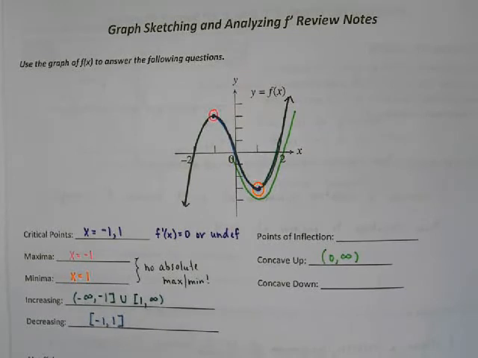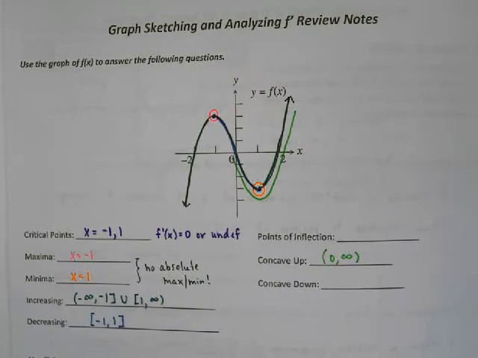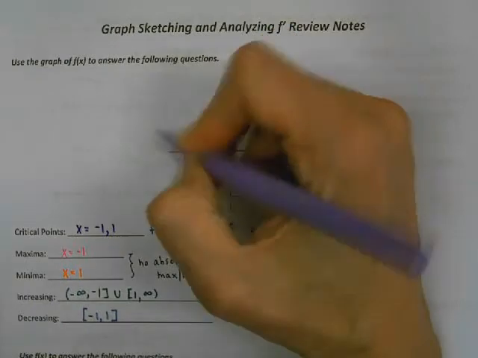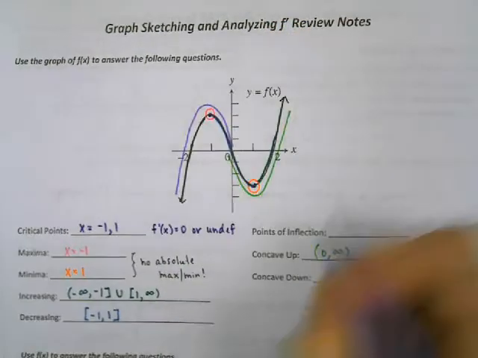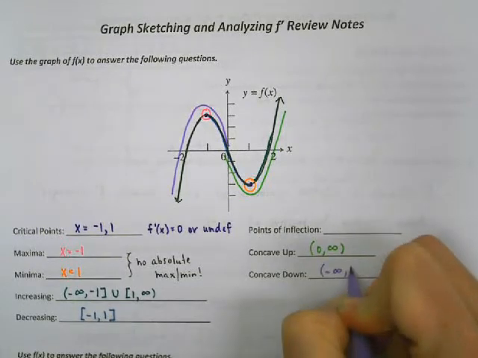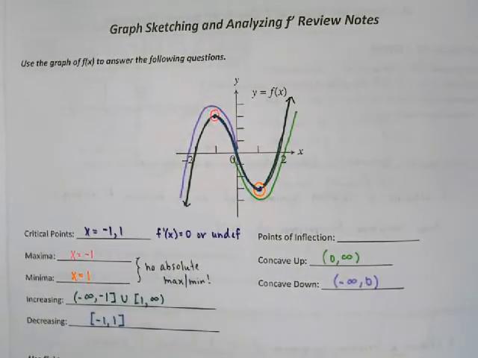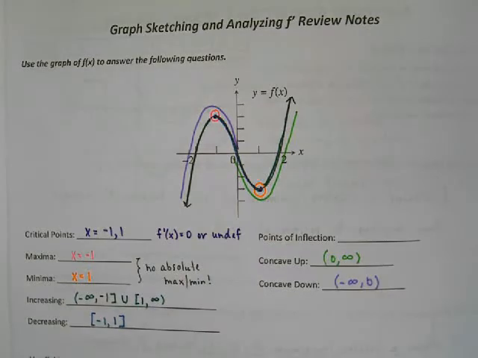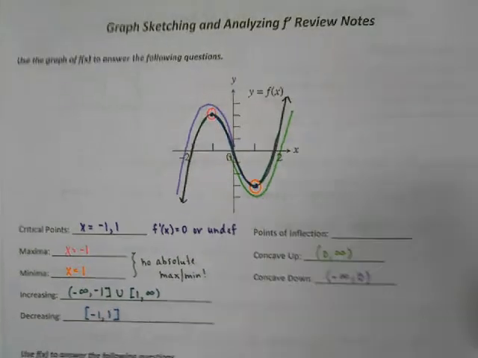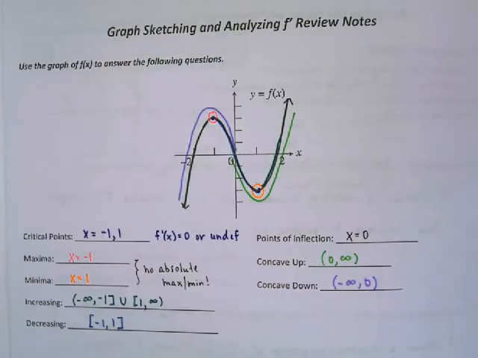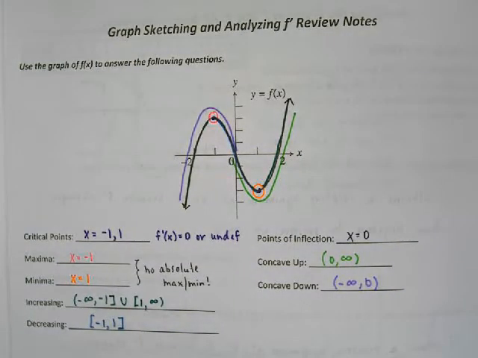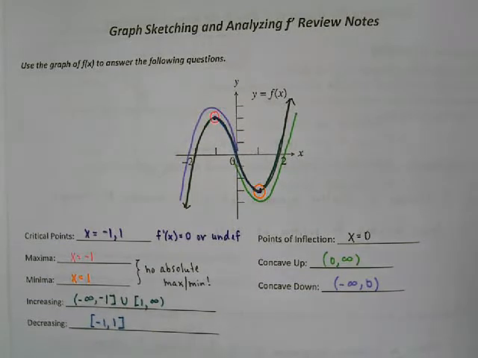And remember, for concavity, we use open intervals. And then I'm concave down, like a frown, from -infinity to 0. And so what I notice is that at x equals 0, I change concavity, so my inflection point happens at x equals 0. So that was the most basic scenario where we're given the graph of f.